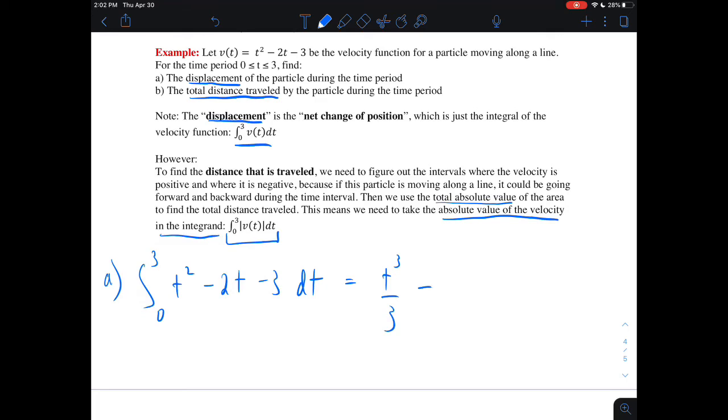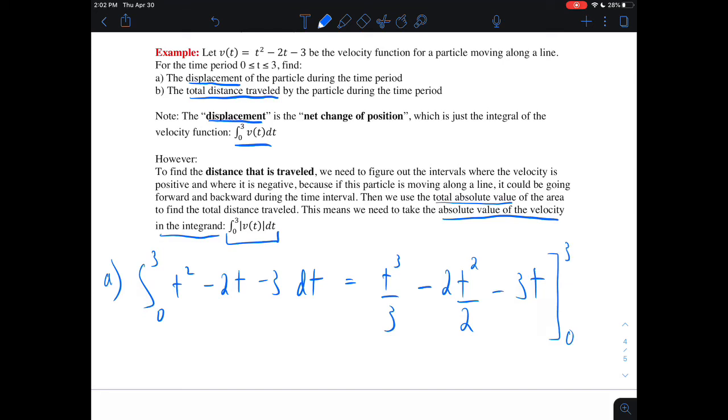For 2t, the 2 carries on through as a constant. T to the first changes to t to the second, and I have to divide by the new power. And then minus 3, which is a constant, that would be minus 3t as the antiderivative, and then I need to evaluate at 0 and 3.